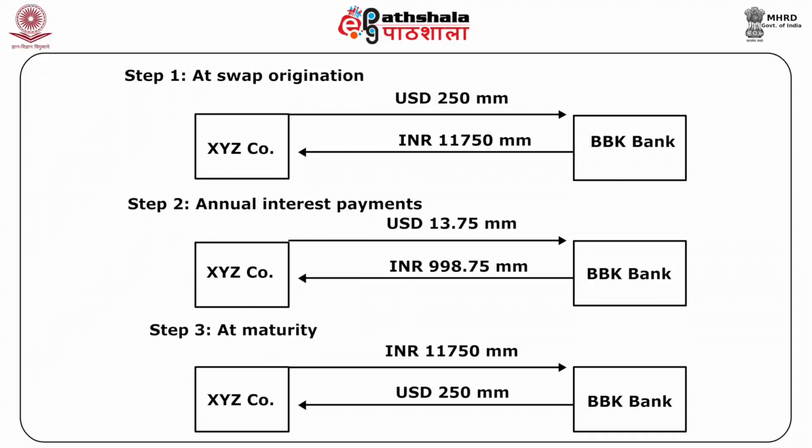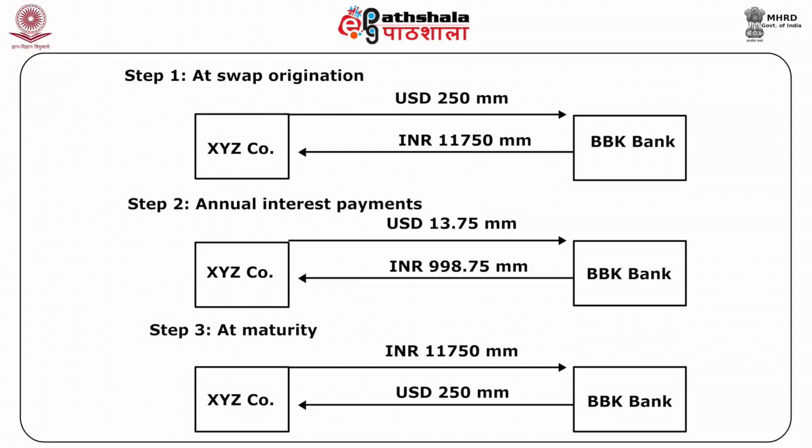Of course, one may ponder why BBK Bank would like to take such exposure. In fact, BBK Bank may not be taking the exposure at all, as it may be taking exactly the opposite swap contract with some other counterparty.